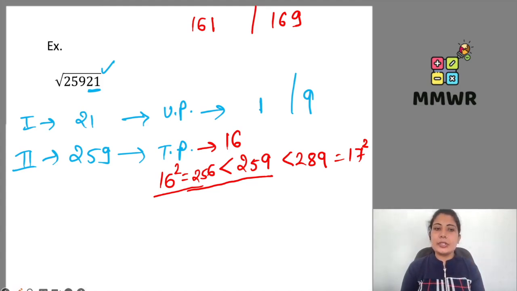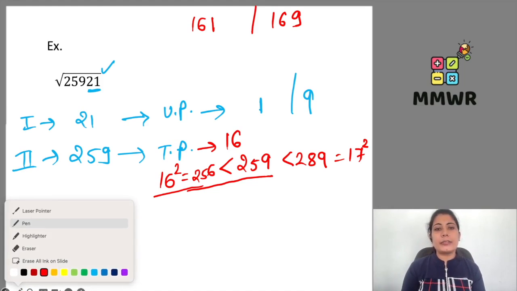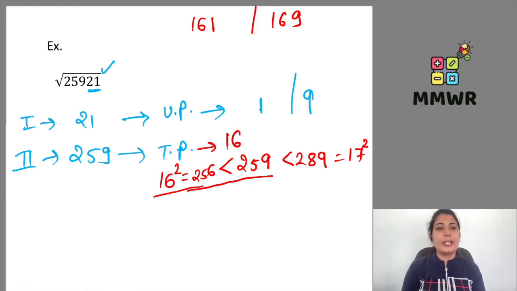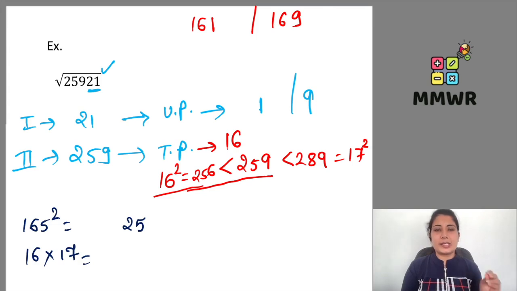Now exactly which number is it? For that, we have to take the help of 165. So 25 will come at the end and 16 will be multiplied with 17. So 16 multiplied by 17: 17 times 6 is 102, 17 ones are 17, plus 10 is 27.